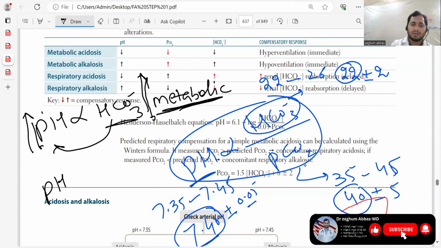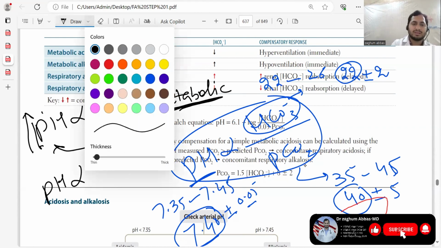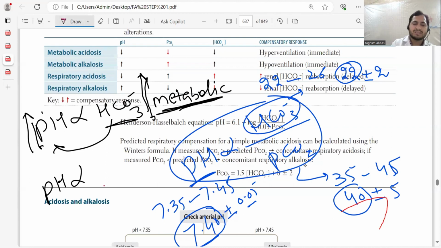The other formula is that pH has an inverse relationship with carbon dioxide. If the carbon dioxide level is raised, pH will decrease, and vice versa. If carbon dioxide is decreased, pH will be raised.